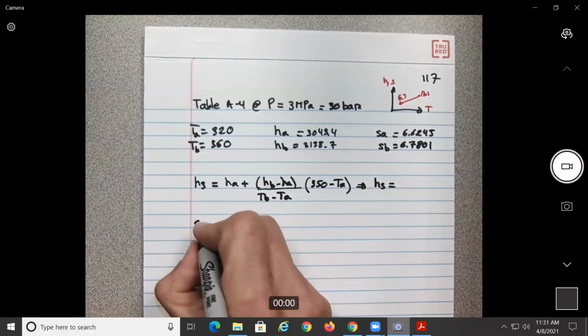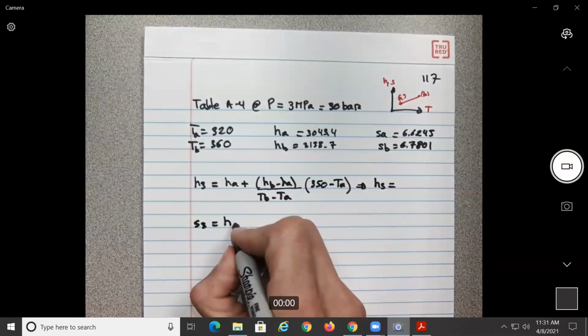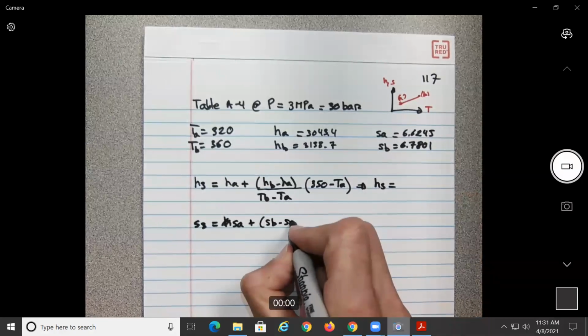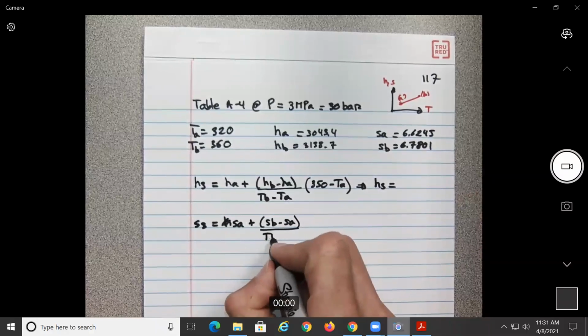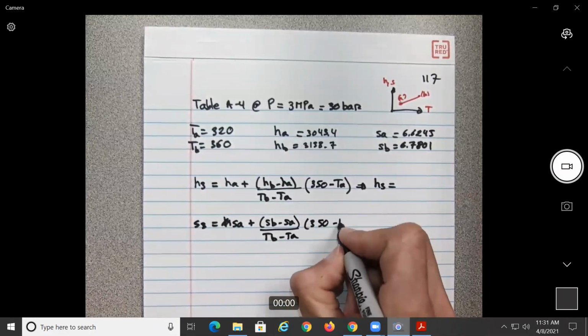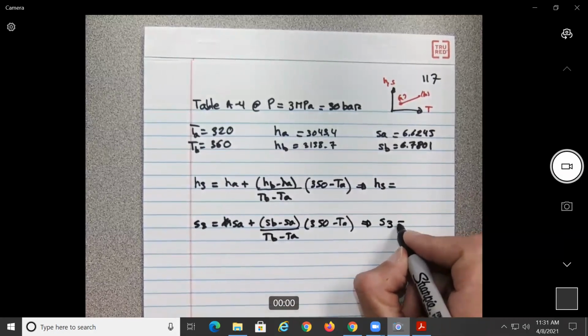And S sub 3 would be S sub A plus S sub B minus S sub A, over T sub B minus T sub A, times 350 minus T sub A, and this will give us S sub 3.